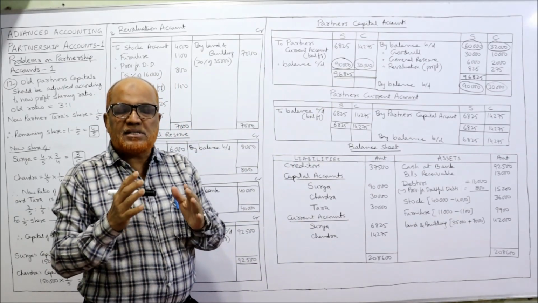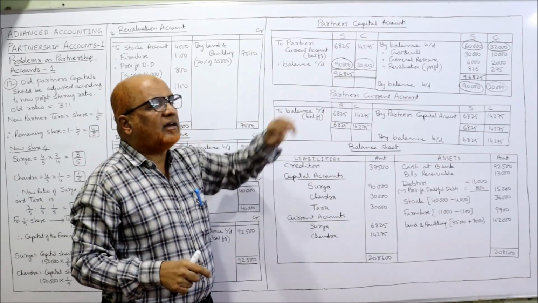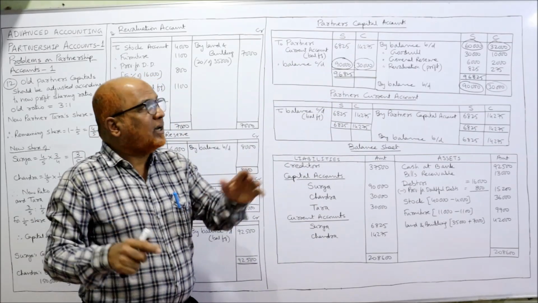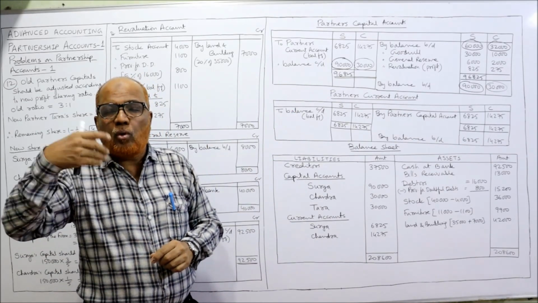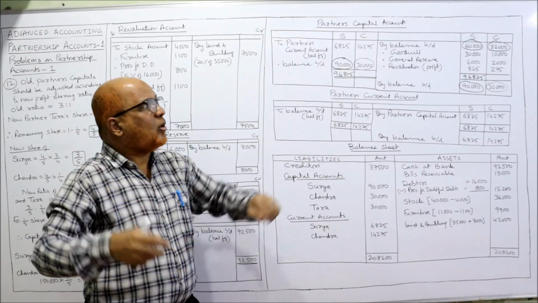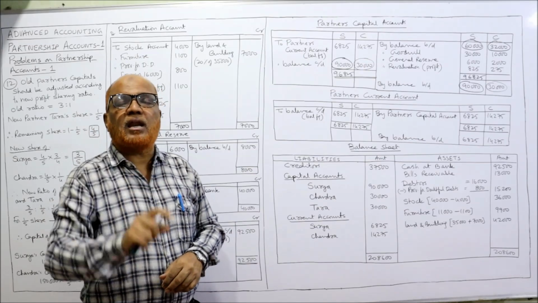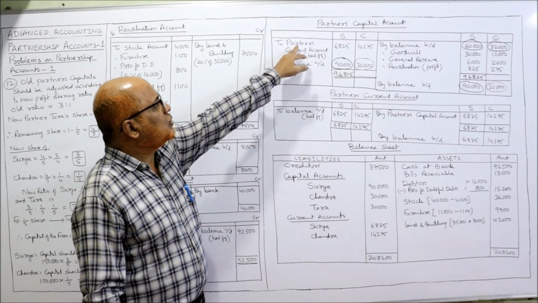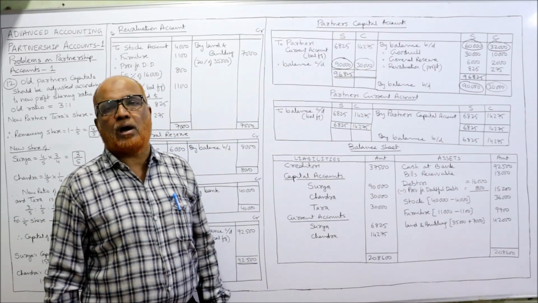His capital should be 90,000, but his capital is showing 96,825, which is more. How much more? 6,825, and this should be transferred to the current account. So on the debit side, partners' current account, balancing figure 6,825 for Surya.